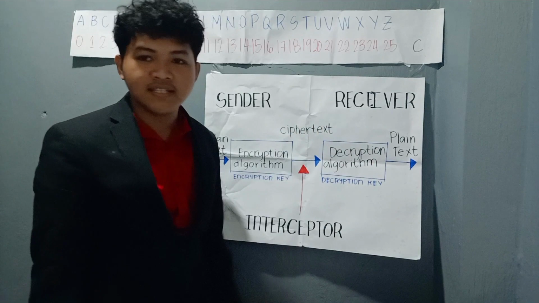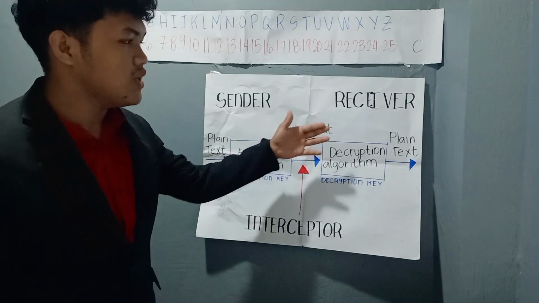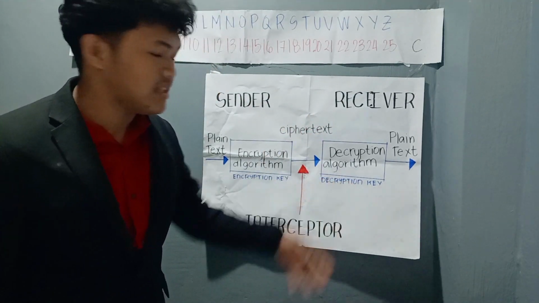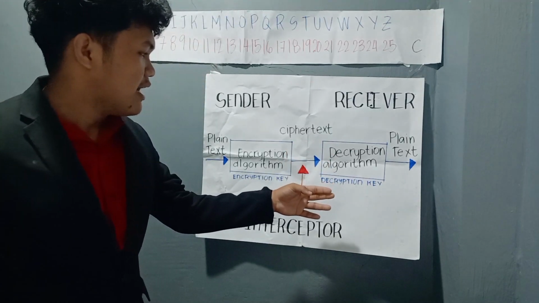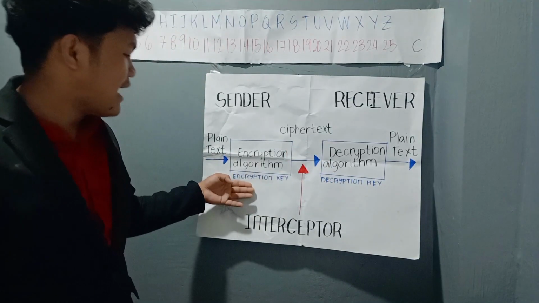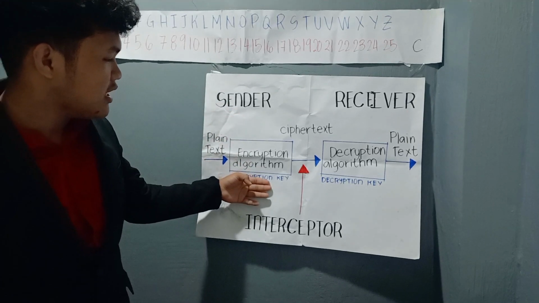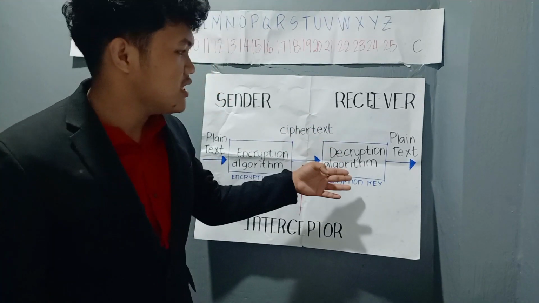When the receiver receives the coded text, or the ciphertext, he or she will do the decryption algorithm using the decryption key that was given by the sender, and turn it back into plain text.